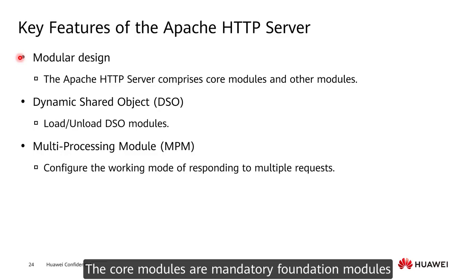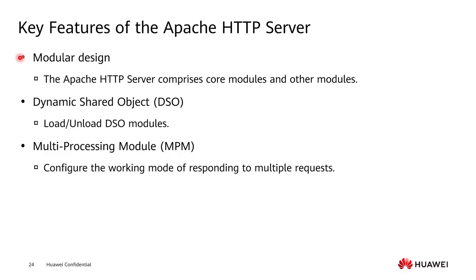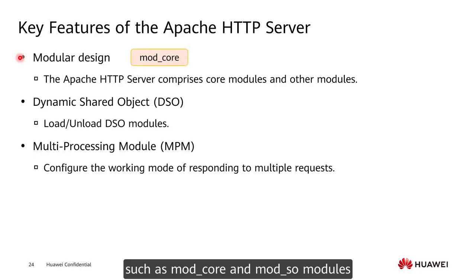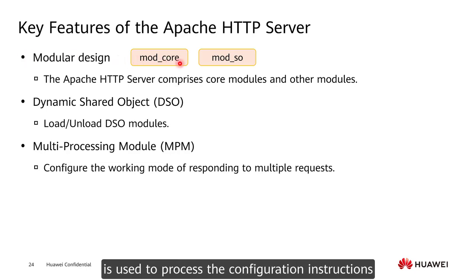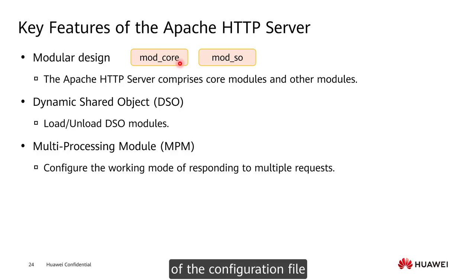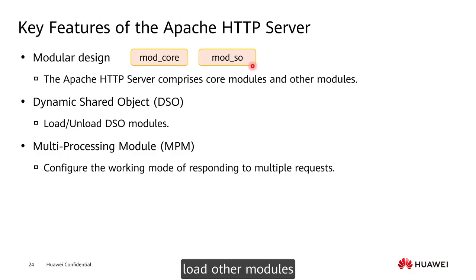The core modules are mandatory foundation modules, which means that the Apache HTTP server cannot run properly without these modules, such as mod_core and mod_so modules. The mod_core module is used to process the configuration instructions of the configuration file, and the mod_so module is used to dynamically load other modules.